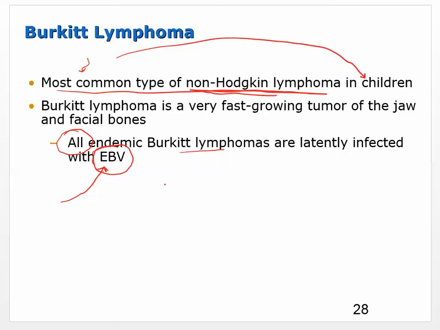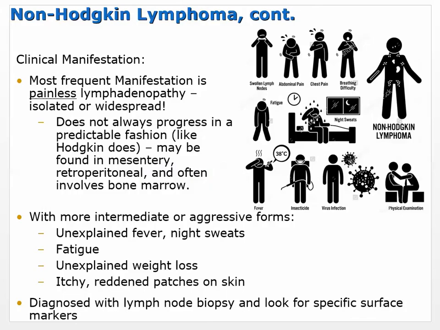Okay, the statement doesn't really say that it's causing it. It's just saying that they are latently infected. So there's a quiet Epstein-Barr that's sort of sitting in there. When you find the Burkitt lymphoma, you seem to always find some Epstein-Barr kind of hiding out. So how it causes that or how they're related, not really sure.